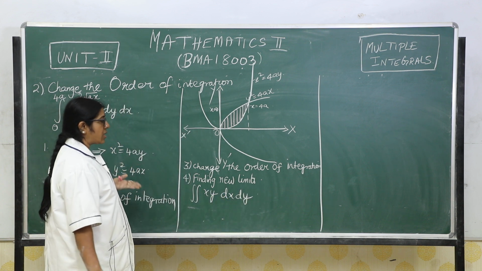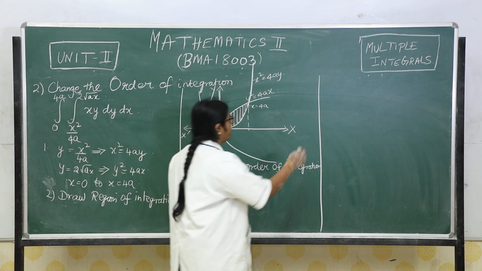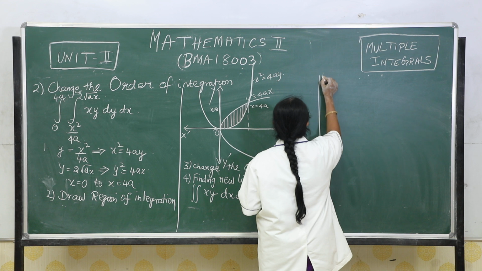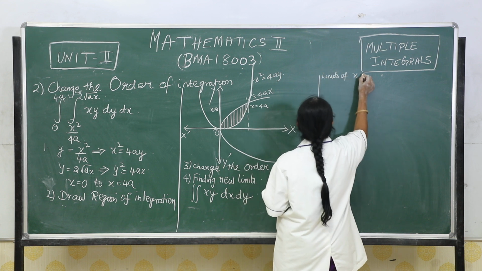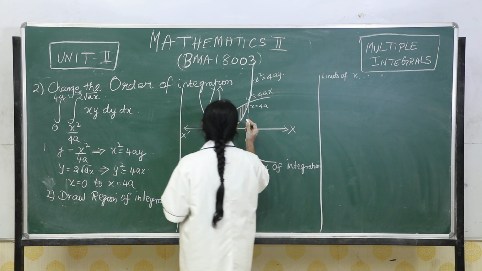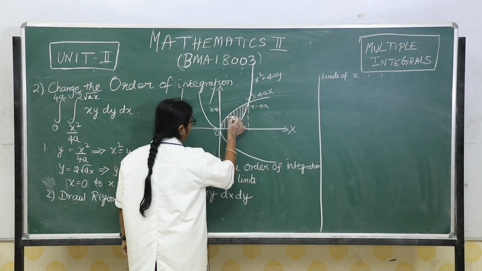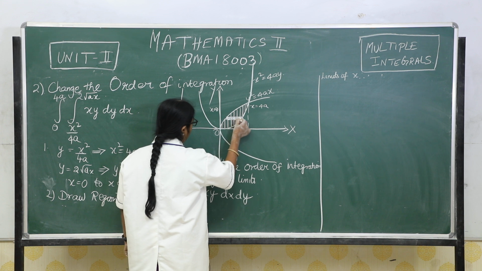So, obviously, I am supposed to find out the new limits of x first. If you want the limits of x, I told you earlier, you will have to take the horizontal strip. If you want to find the x limits, take the horizontal strip.